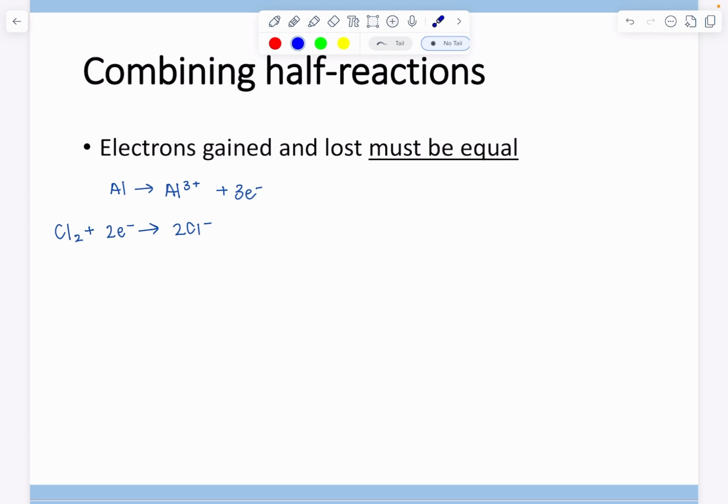We need to multiply coefficients to reach the lowest common multiple. We'll talk about what that is.